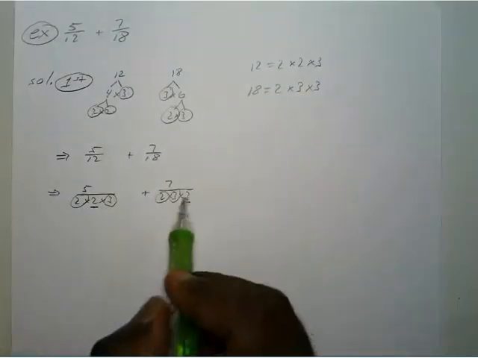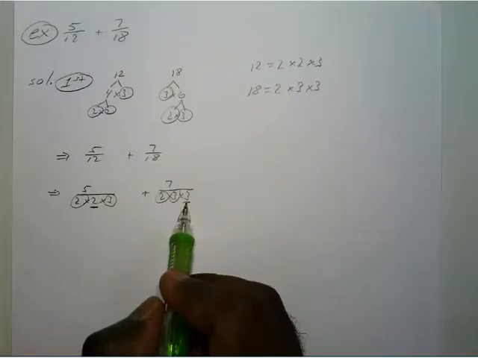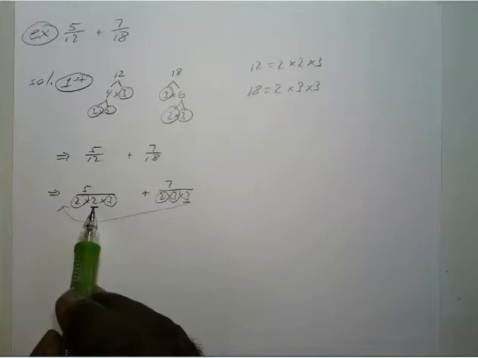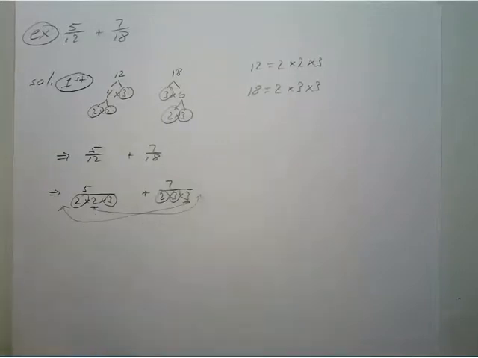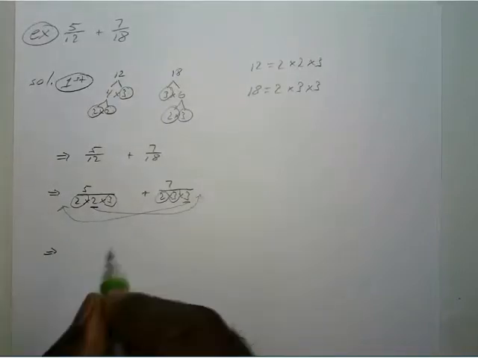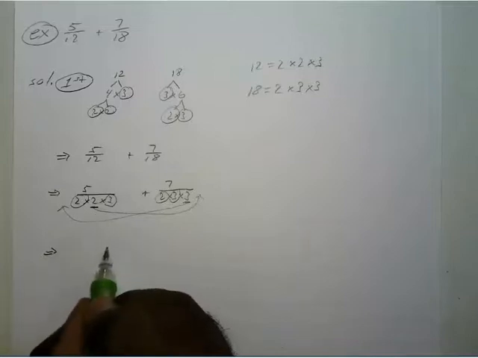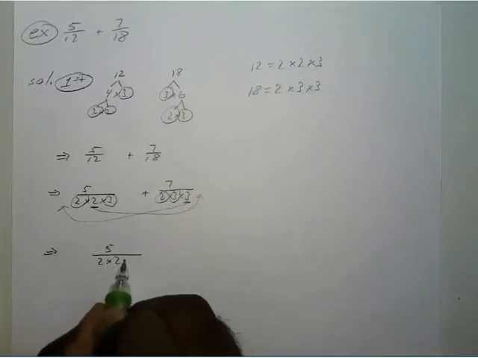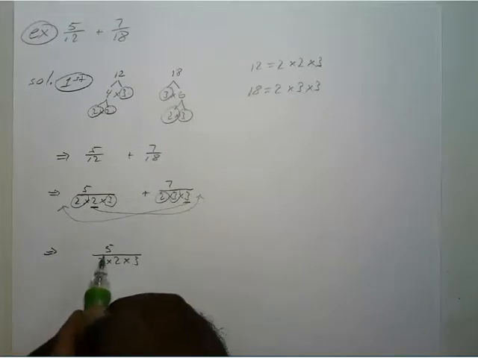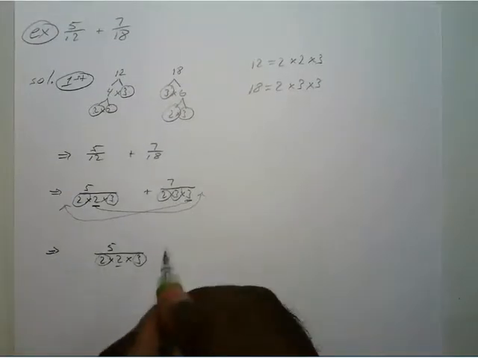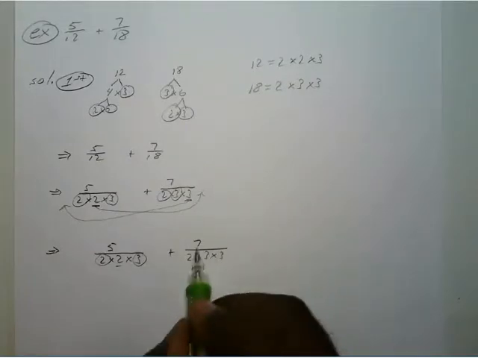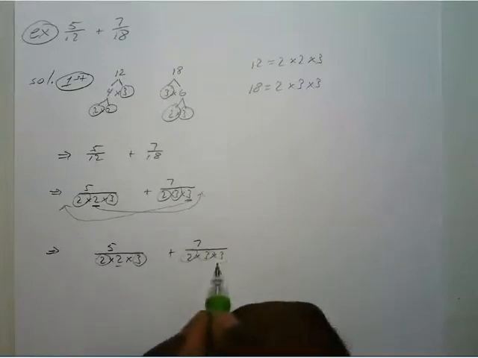That means this 3 over here, we're going to have to multiply it to this fraction, and this 2 over here, we're going to multiply it to this fraction. So we rewrite this again: 5 over 2 times 2 times 3, circling those two and underlining, plus 7 over 2 times 3 times 3, circling those and underlining that one.